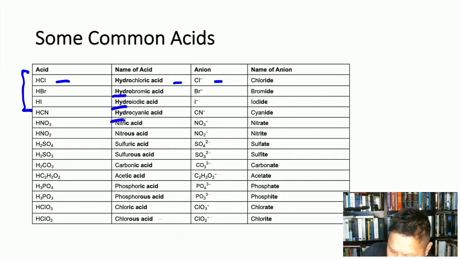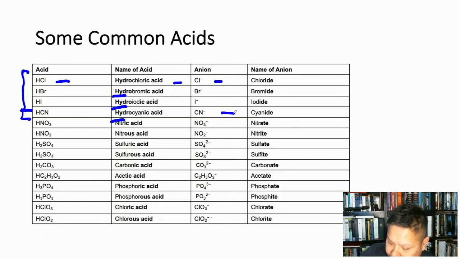We have hydrochloric acid, hydrobromic acid for the bromine ion, hydroiodic acid for the iodine ion, and then the one exception, hydrocyanic acid, which has the cyanide ion.